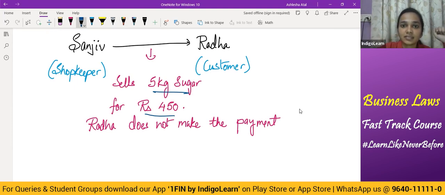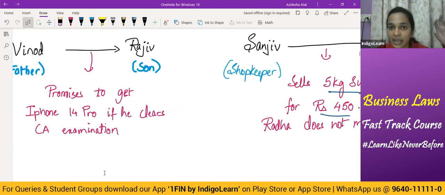Yes, ma'am. So in both the examples which we have seen here, there's a drastic difference. In one situation, we've seen that action can be taken, and in the other situation, we've understood that no action can be taken. Now, why is that so? The reason being, in one situation, there is legal obligation or legal enforceability.